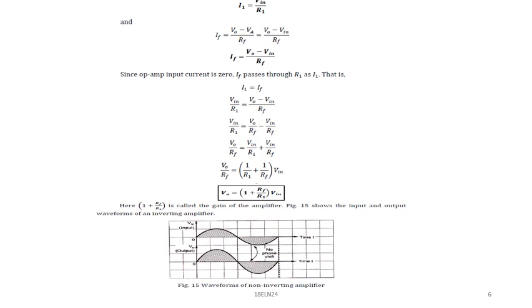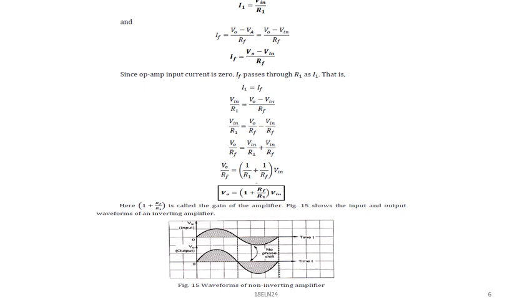Now the feedback current IF is equal to V0 minus VA by RF, written as V0 minus Vin by RF. Therefore, IF is equal to V0 minus Vin divided by RF. So I got the equations for the input current and the feedback current.